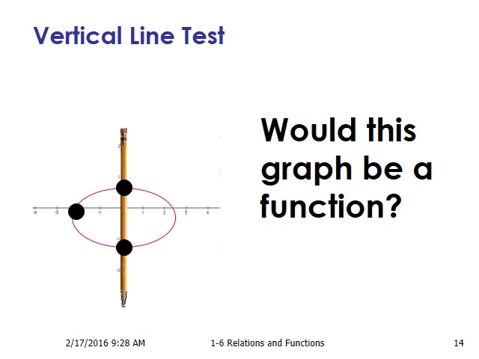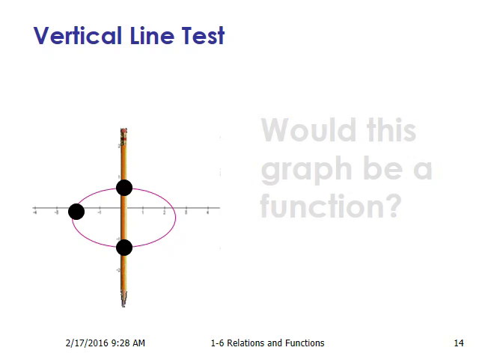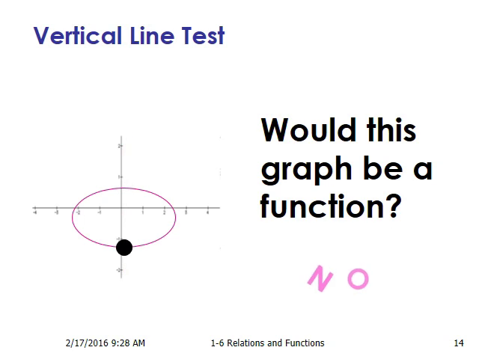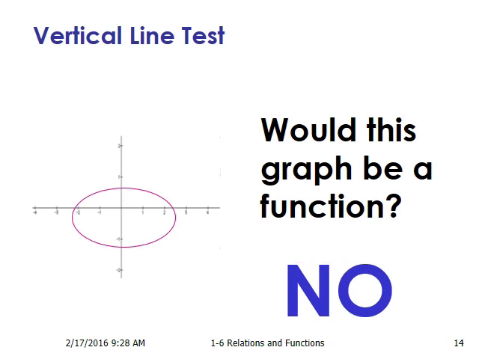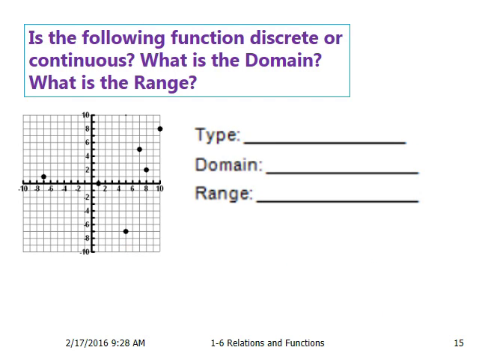For one x value, two y values are connected, so it will not be a function. We will see how to find domain and range of discrete and continuous functions.